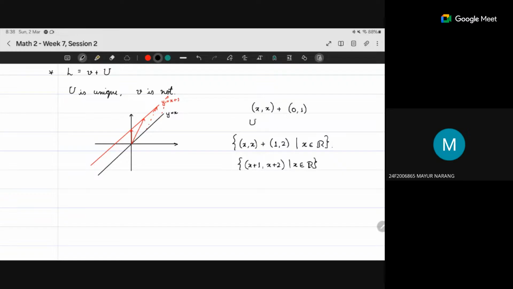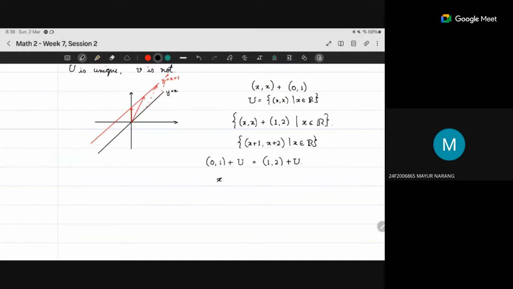So suppose u is equal to (x, x) as x varies in R. Then what I'm saying is (0, 1) plus u is the same as (1, 2) plus u. Why is that?